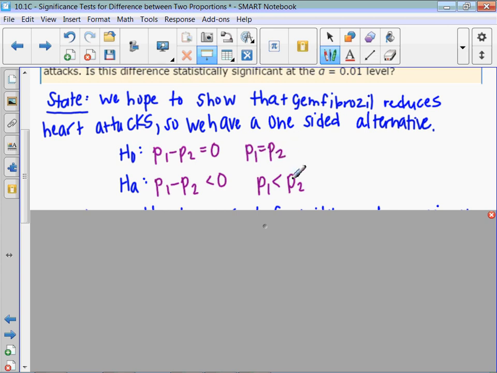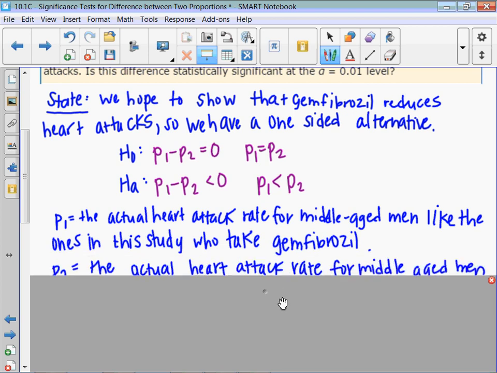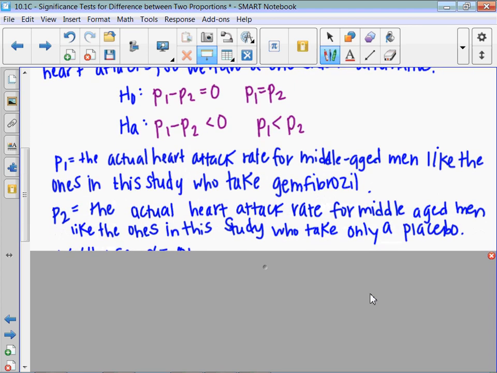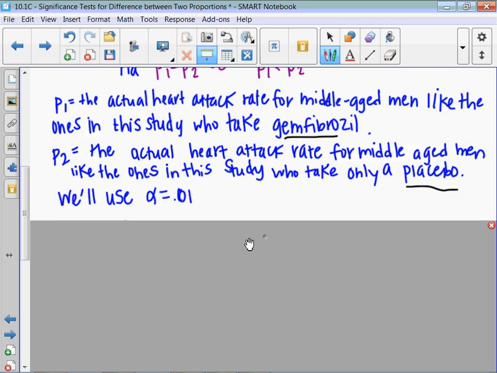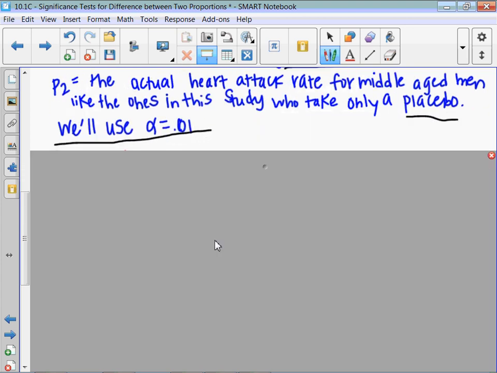So they're the same, or we're going to have fewer people who took the drug in the first group who had heart attacks. And of course, define your P1 and your P2. These people took the drug, and the second group took the placebo. And of course, you have to state your significance level in the state part.